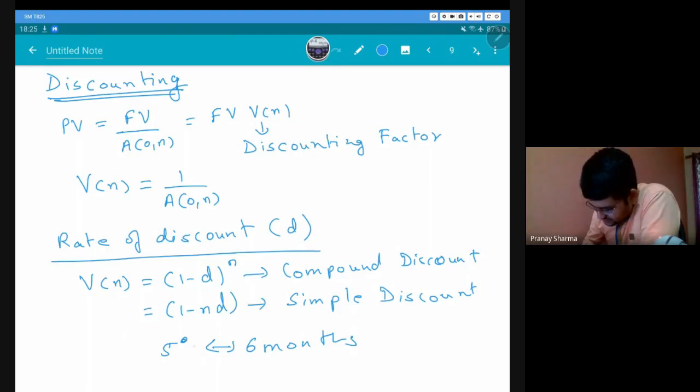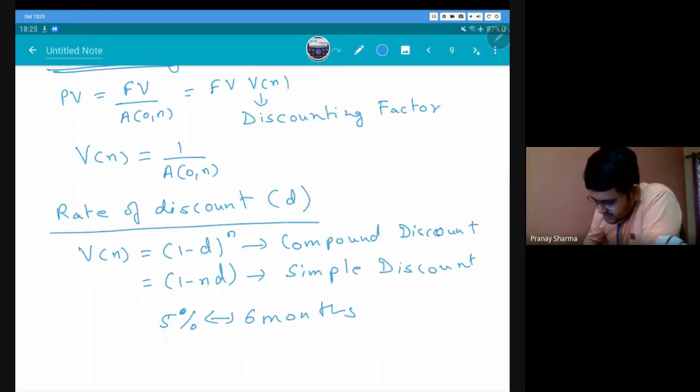What does that actually mean? They are saying that for 6 months they are giving you a rate of discount of 5%. So if you want 100 rupees in the future, your discounting factor would be 1 minus 0.05, which is nothing but 95 rupees.